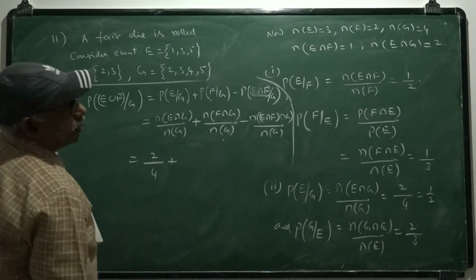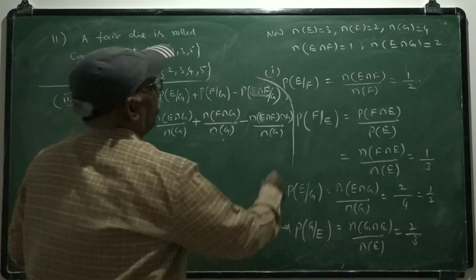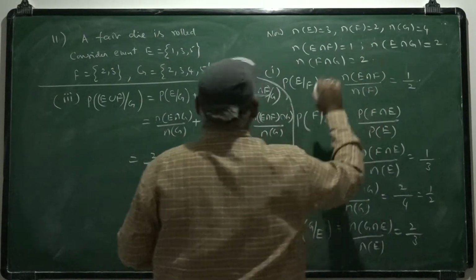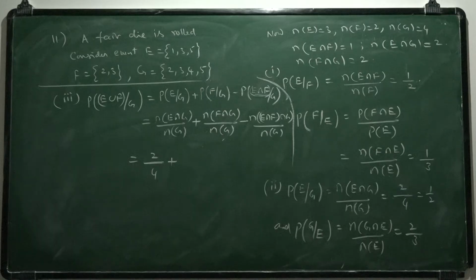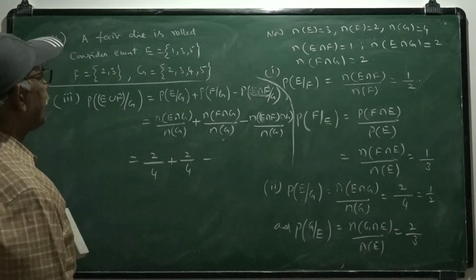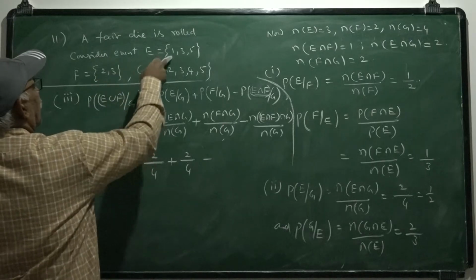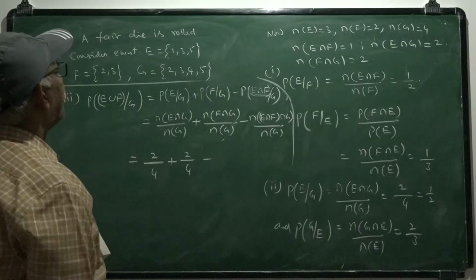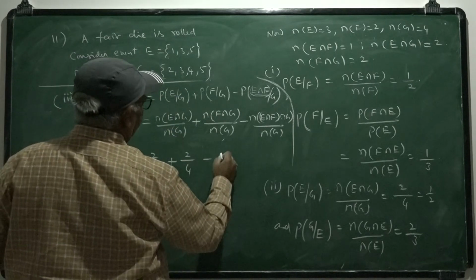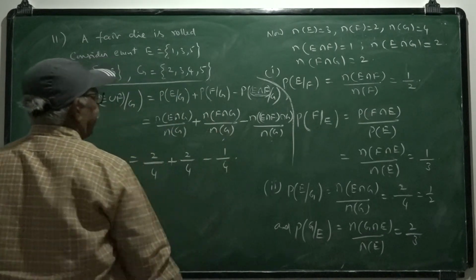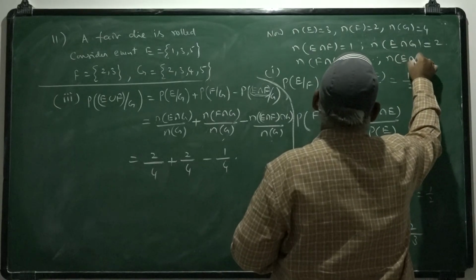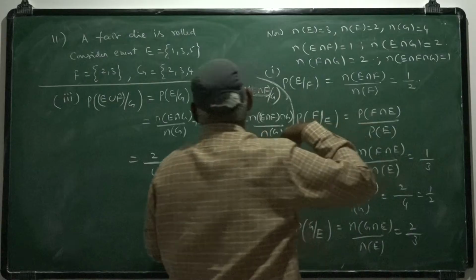F intersection G also is 2, so that is 2 by n of G is 4, minus E intersection F intersection G. The common possible outcomes to E, F, G is only 3, so that is 1 by 4, because n of E intersection F intersection G is only 1. 3 only.